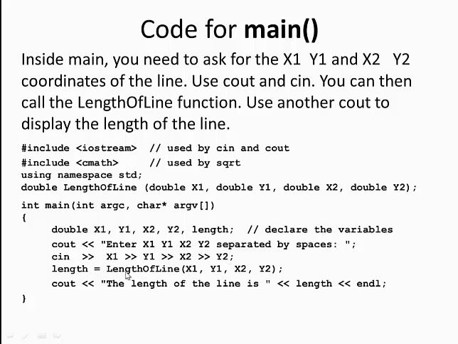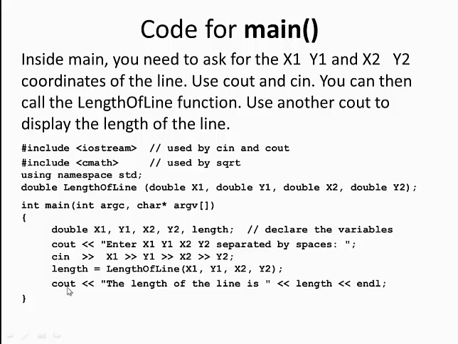We can then call the length of line function with x1, y1, x2, and y2. Notice there's a comma between each argument right there. So here's length equals length of line. Length of line should compute the length of a line and return a double, which then can be stored into the variable length.